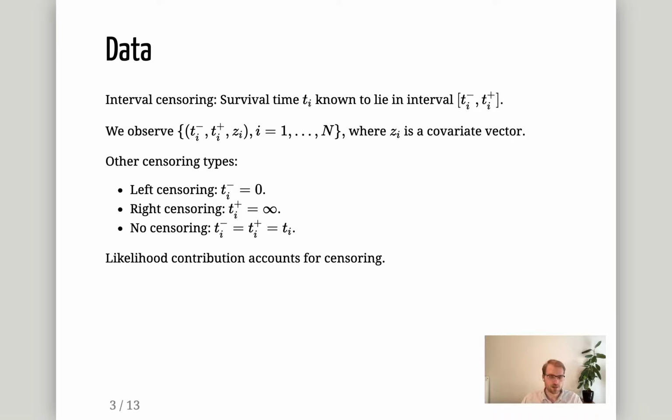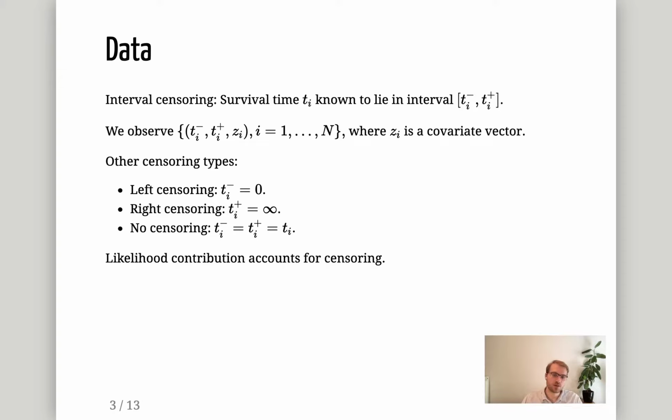For hazard regression, we often do not observe the exact survival times. Instead, we observe an interval for which we know that the true survival time lies in this interval. So the most common case is right censoring.